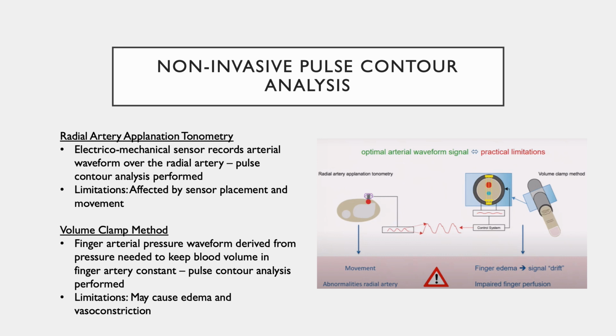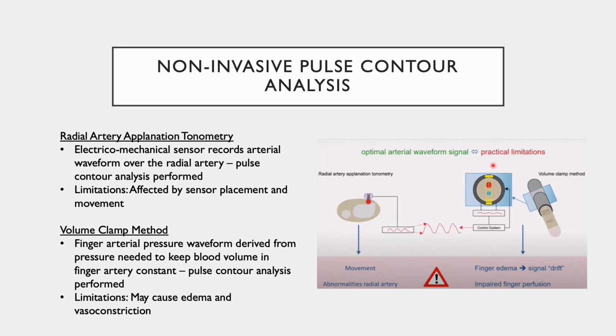So, radial artery applanation tonometry, as seen here, as well as the volume clamp method, are different technologies to non-invasively produce arterial waveforms that can be subject to pulse contour analysis. The former uses electrical mechanical sensors over the radial artery pulse, while the latter uses a pressurized clamp around a finger to maintain a constant blood volume, wherein the required pressure changes to maintain this volume can be used to construct an arterial waveform.